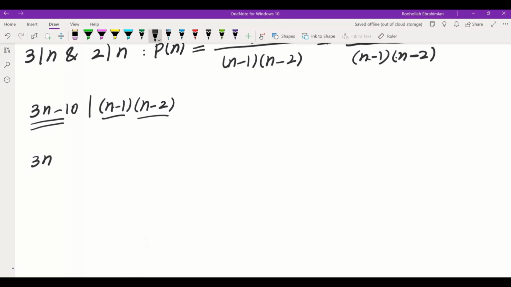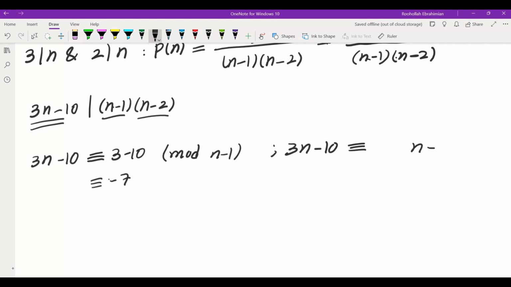If you take 3n minus 10 mod n minus 1, n is 1, so this would be 3 minus 10, which is negative 7. And if you take 3n minus 10 mod n minus 2, then n is 2, so we get 6 minus 10, which is negative 4. So that tells us that 3n minus 10 would have to divide 4 times 7.